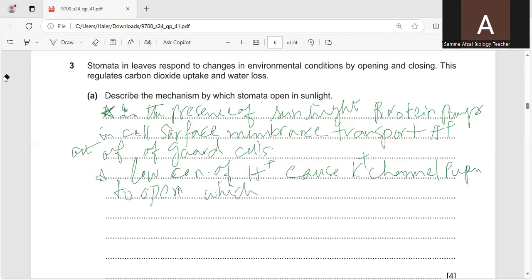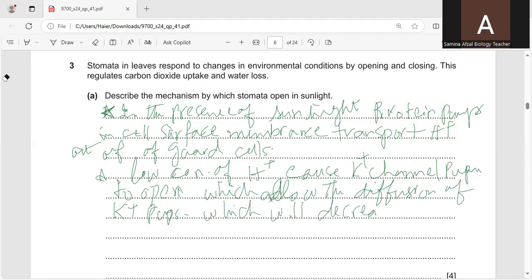which allow the diffusion of potassium ions, which will decrease the water potential in guard cells.